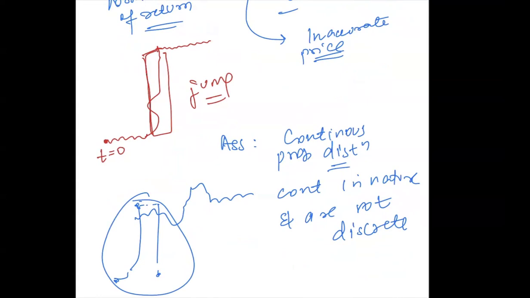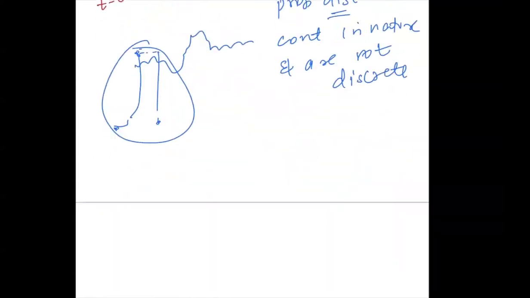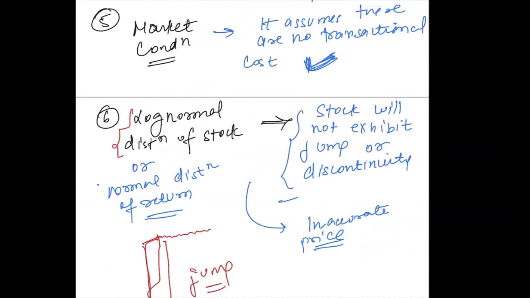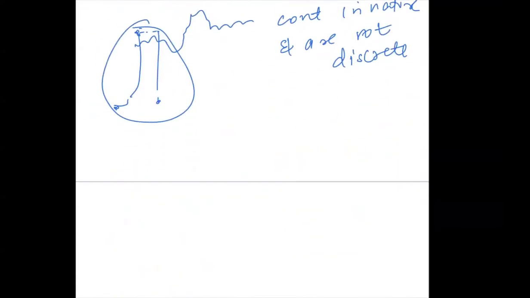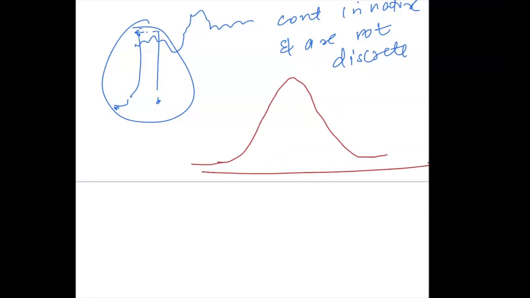Also, in general, we say that returns follow a normal distribution. If you see, this is a bell shape. This is how a normal distribution looks like.